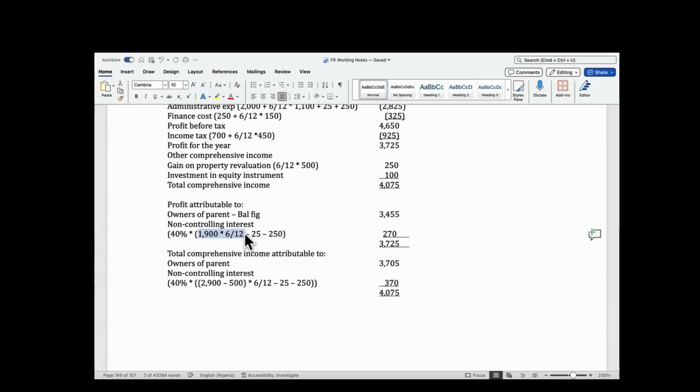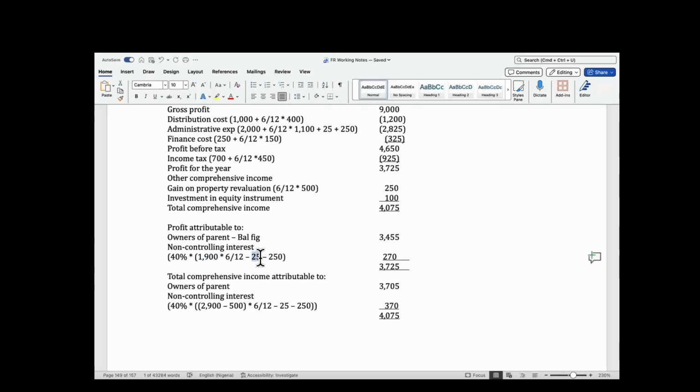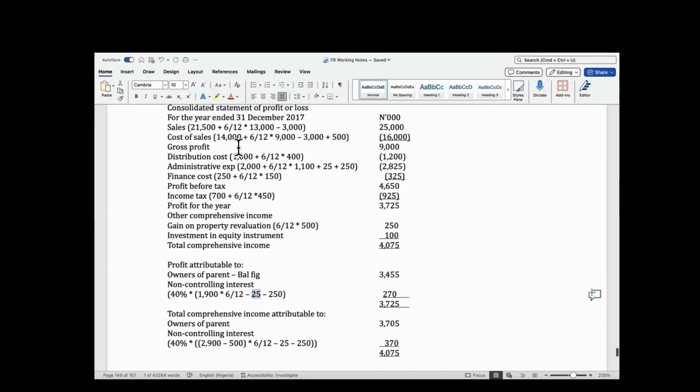Now, again, we are back to those manual adjustments. This profit, we had already adjusted it for two items. Number one, the additional depreciation that we have removed from it, from the adjustments we did here, especially here, and also the impairment of goodwill. The reason why we are removing this impairment of goodwill from the subsidiary's profit is because NCI is measured at fair value.